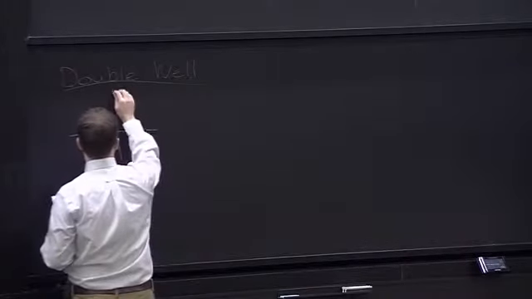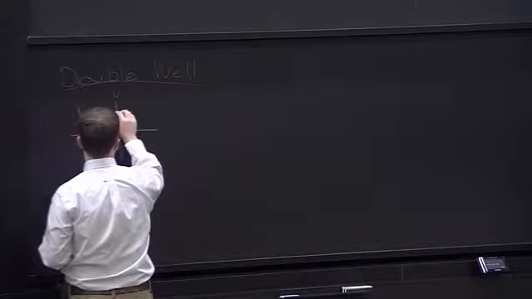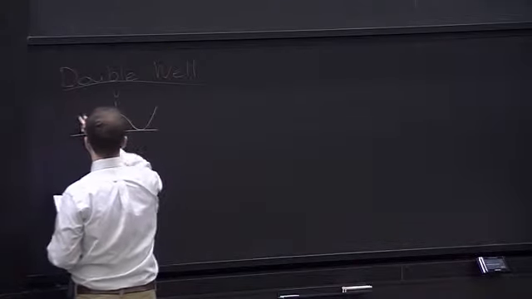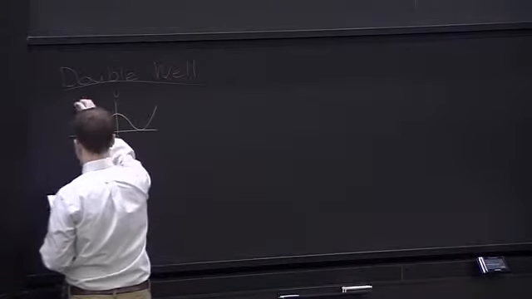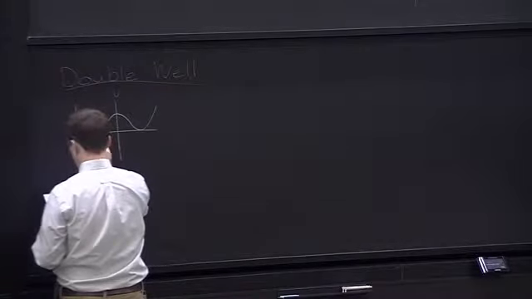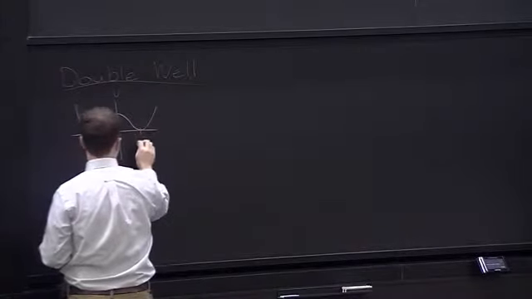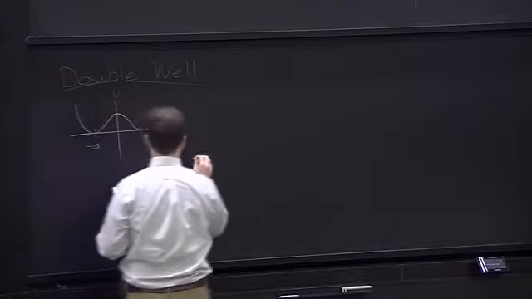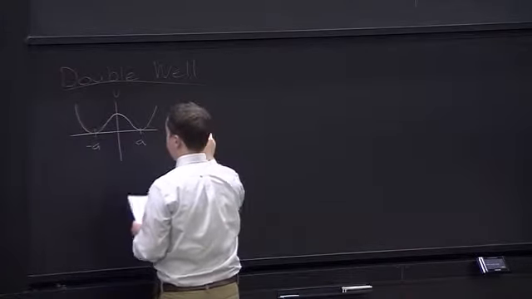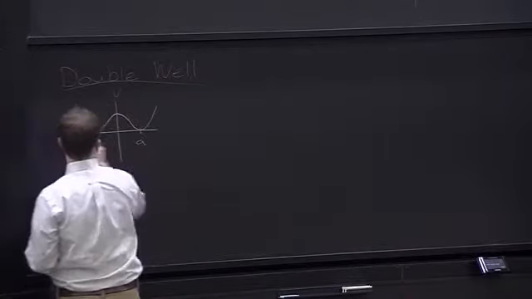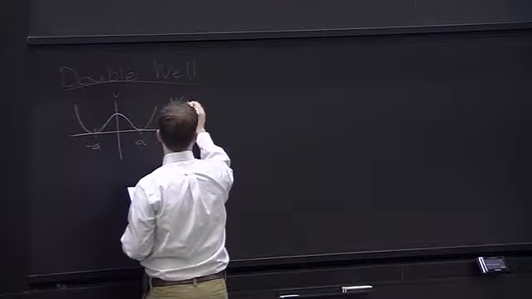So here we're going to study a symmetric double well potential. The potential has two minima at plus and minus A. And we want to choose V of x to be even.